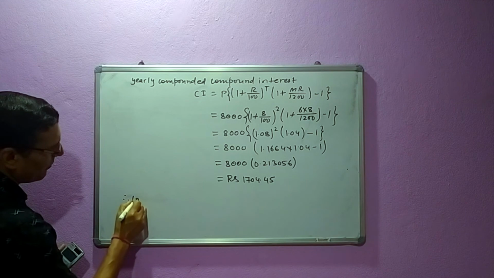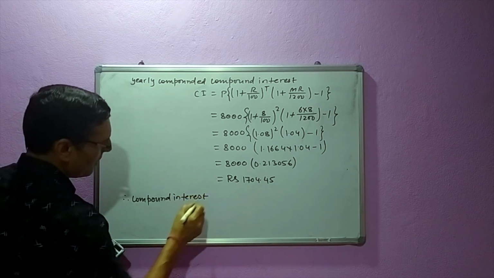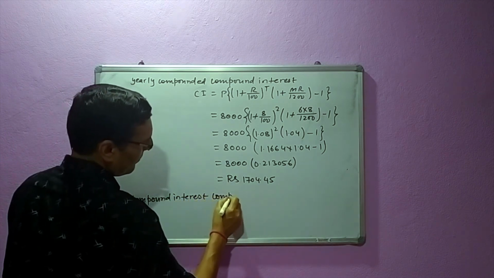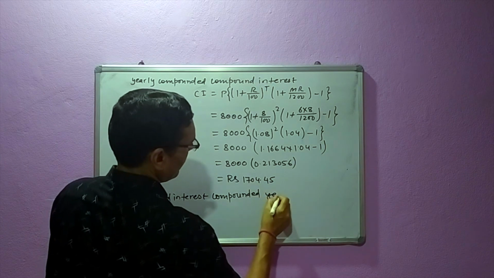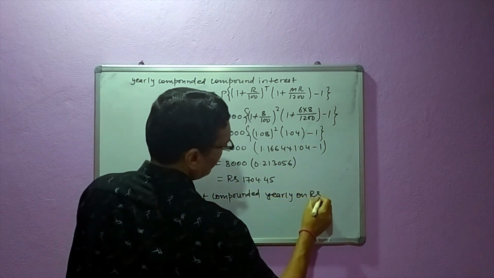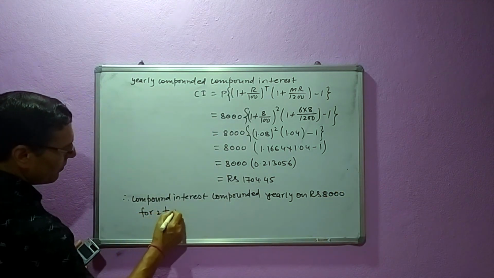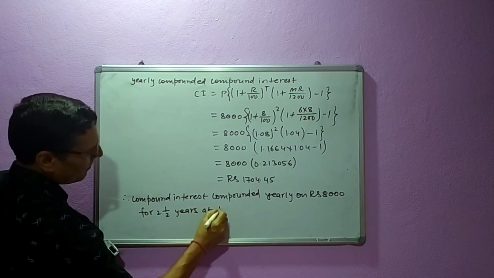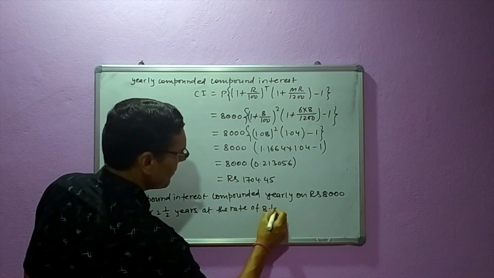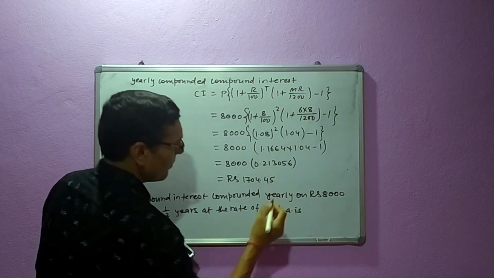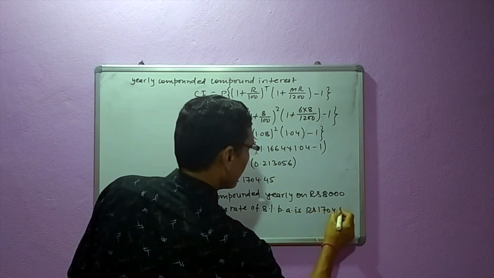Therefore, the compound interest compounded yearly on rupees 8,000 for 2.5 years at the rate of 8% per annum is rupees 1704.45.